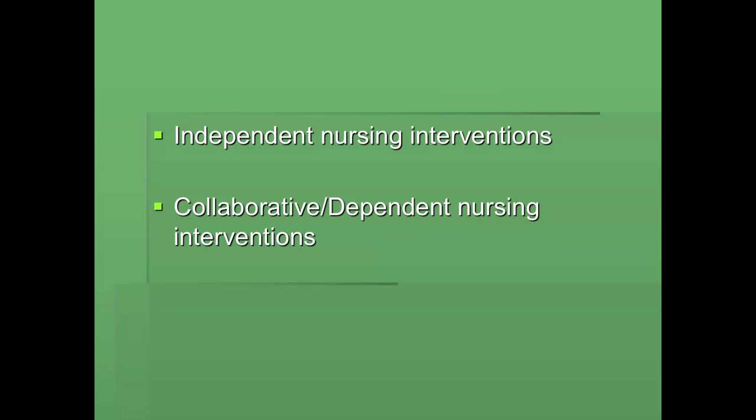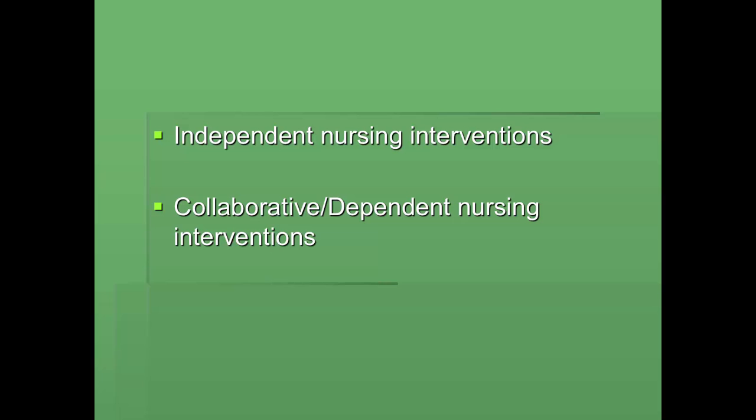An important distinction that we need to keep in mind as we're thinking about our nursing interventions is to distinguish between those that are independent nursing interventions and those that are collaborative or dependent nursing interventions. Independent nursing interventions are based solely on the nursing diagnoses that we have, and those, as we've talked about, are responses that nurses are licensed to treat by virtue of their education.